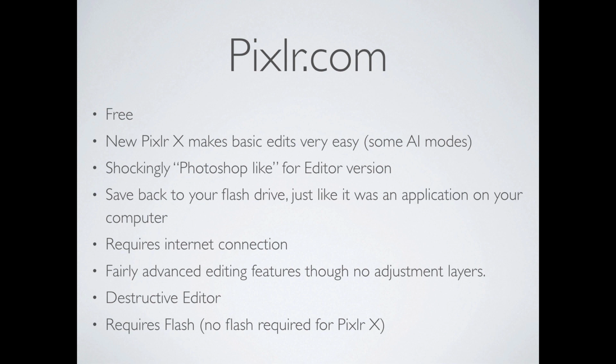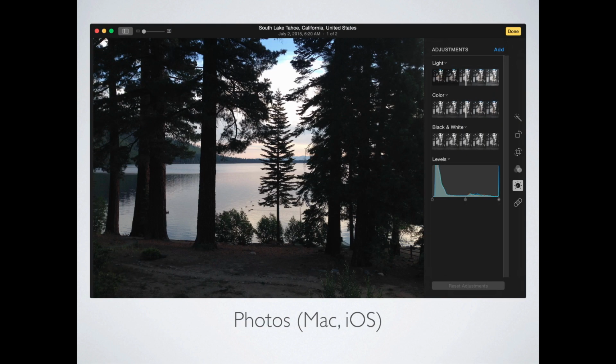You can save your stuff back to your flash drive just like you opened it in some kind of an application. It's just an online version of it. It does require an internet connection. For the editor version, you have to have Flash installed on the computer. Some people avoid Flash at all costs, but that's the way it works. The Pixlr X does not require Flash. Like I said, it doesn't have any adjustment layers in the editor version as well.